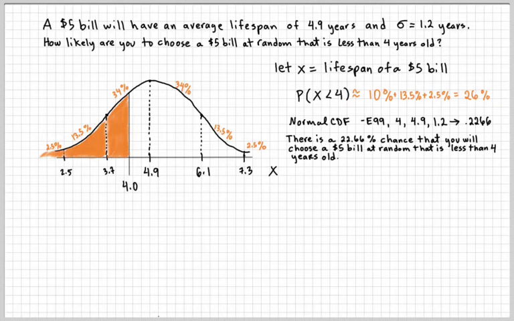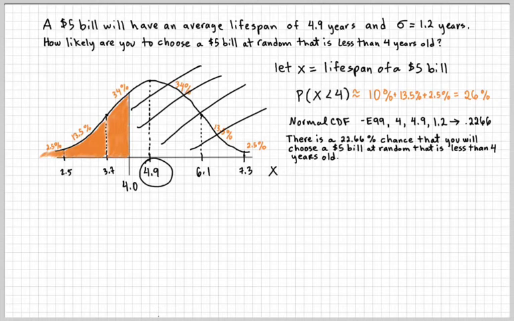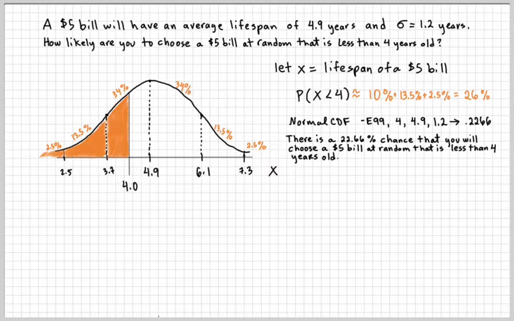You see, this whole empty spot says that there are no bills less than 4. There are bills that are almost 5, 6.1, 7.3 years old. So you can think of it that way too, okay? Again, depending on the field that you're in, 22.66% might be large or small.